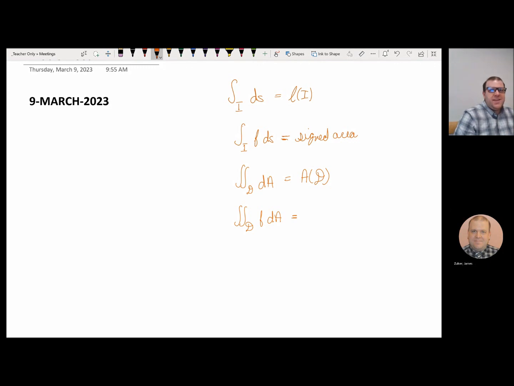Then what are we going to get if we take a double integral of a function? Again, not technically volume, just like it wasn't technically area.